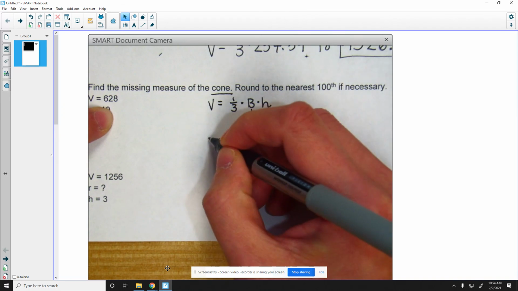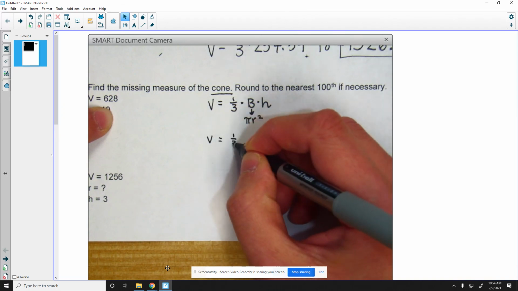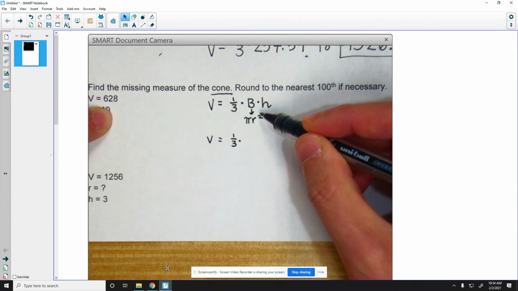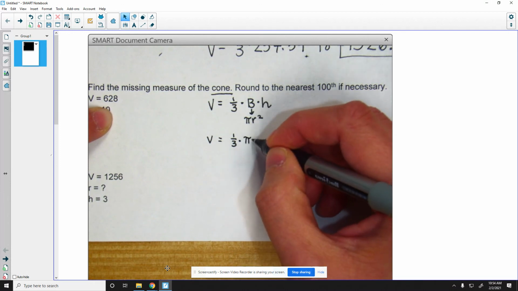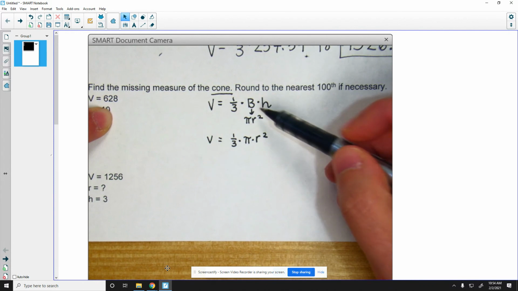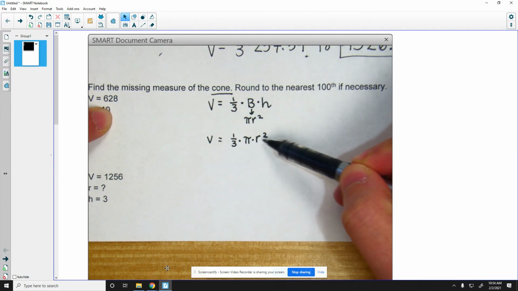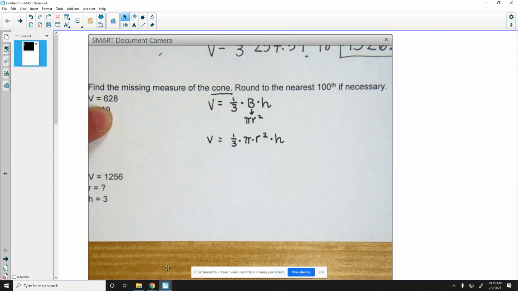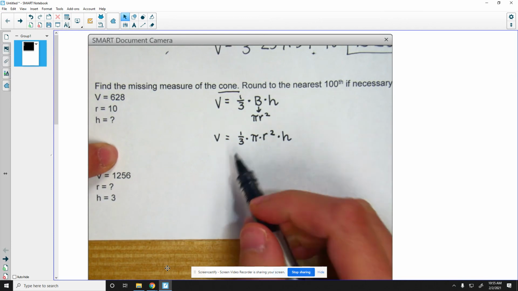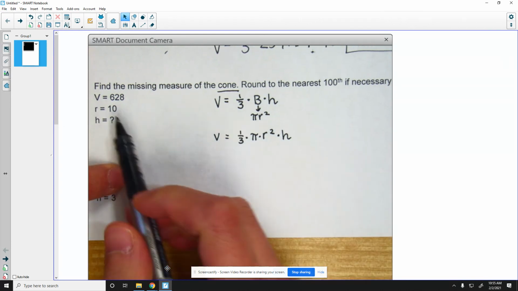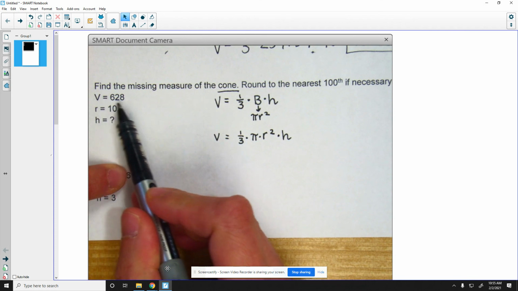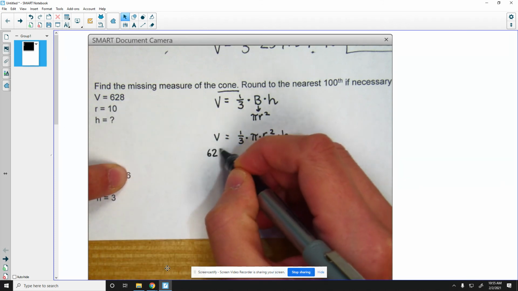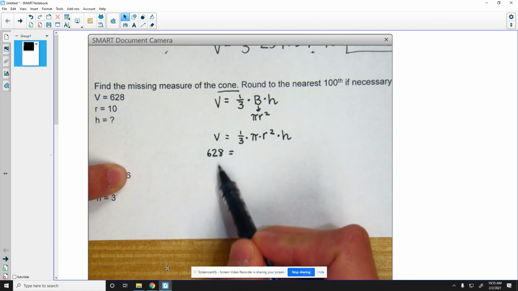So let's rewrite this formula. Instead of writing capital B, I know capital B is pi r squared, so I'm just going to write pi r squared, times H. Now I can fill in everything that I know. Capital V, volume, is 628, so where it says V, I'm going to write 628 because that is the volume.